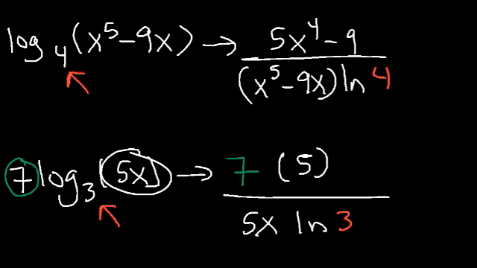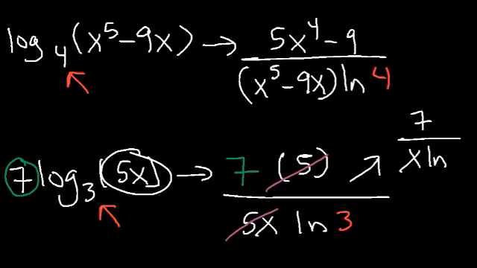So now we can simplify our work here. We can divide by 5. So the final answer is 7 over x ln 3. So now you know how to find the derivative of a log function and a natural log function.